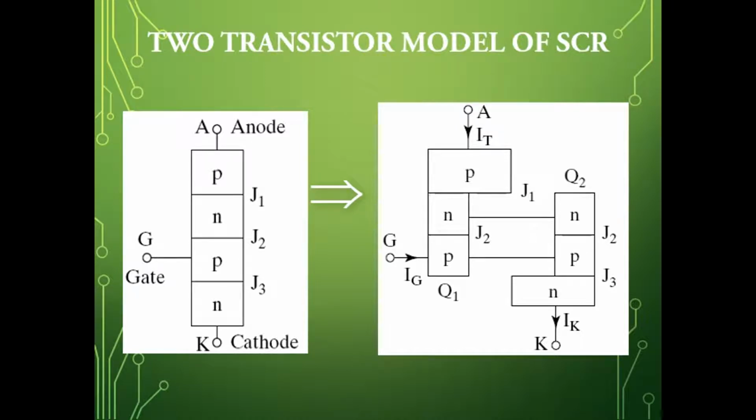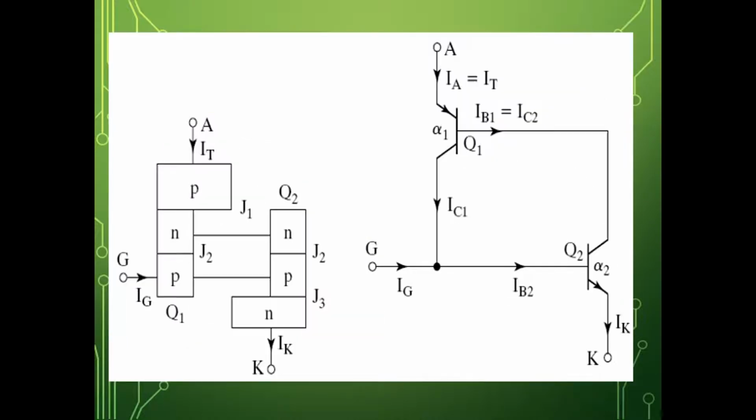Using this two transistor model of the SCR, we are going to learn how the SCR behaves as a latching switch. Further, this PNP and NPN we will represent in symbols. This is a PNP transistor, which is the transistor Q1, so you label it as Q1.